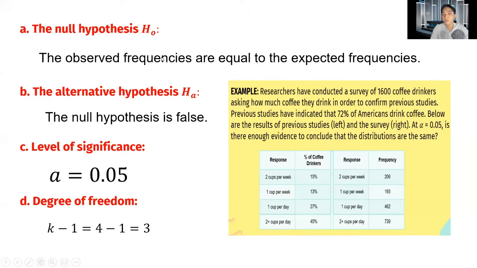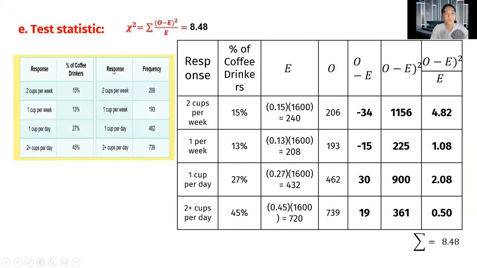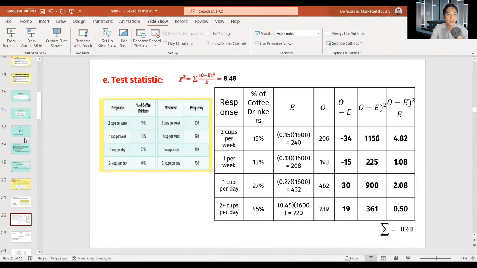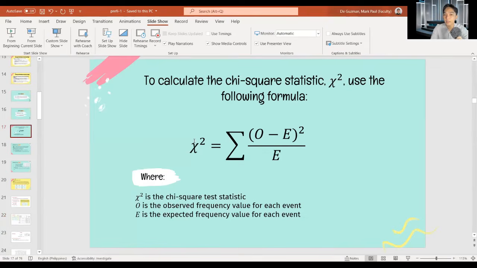Chi squared is equal to the summation of observed frequency minus expected frequency raised to 2, divided by E. Balik tayo dun sa given.